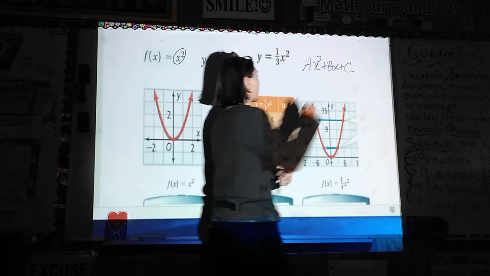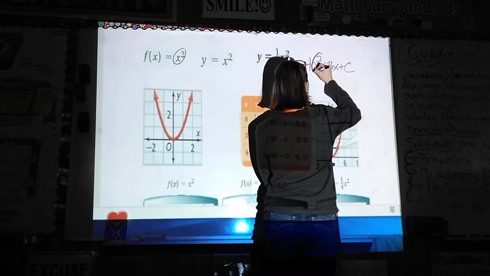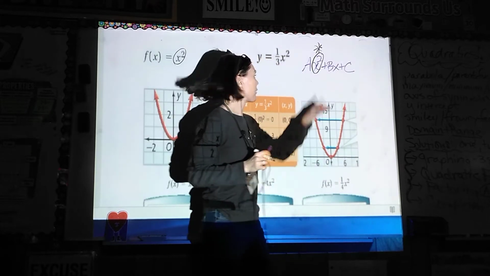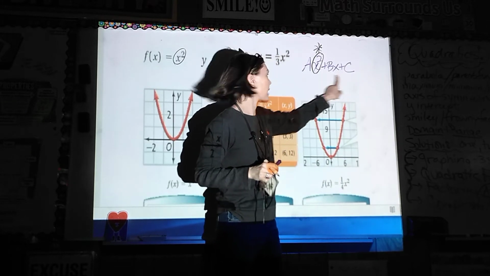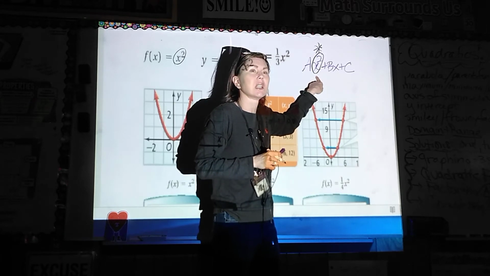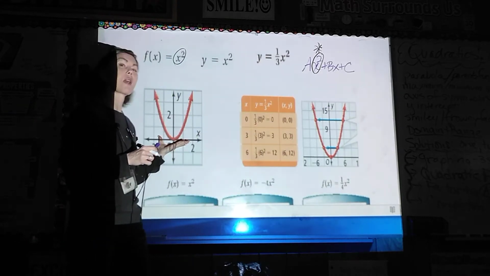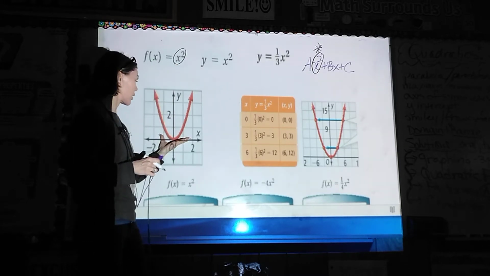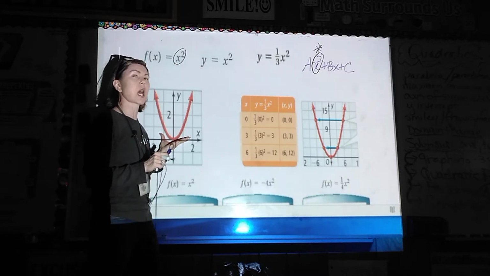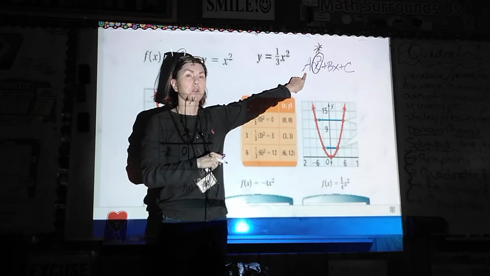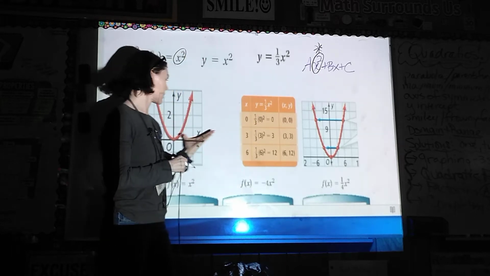I want you to circle this x squared right here and put a star, because everything around that x squared is going to transform that parent function. Right now, f of x equals x squared. Here's our parent function. Nothing has been done to it. But if you put an a value in front of it, it will transform it.